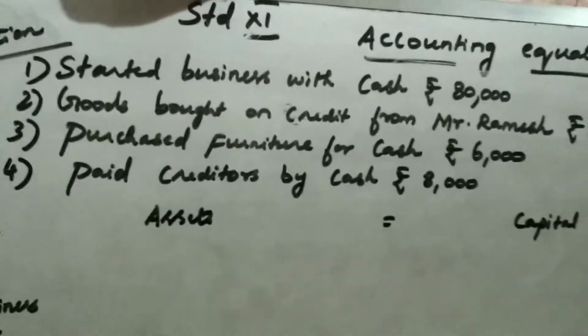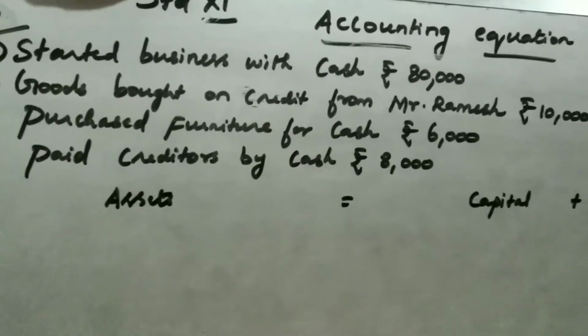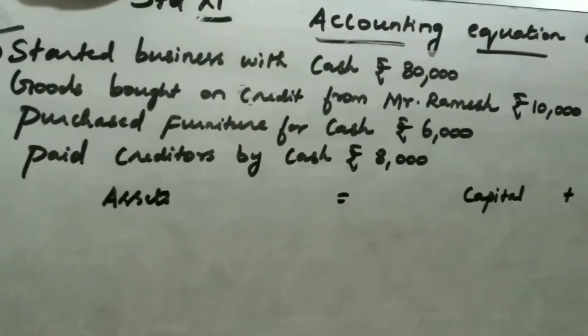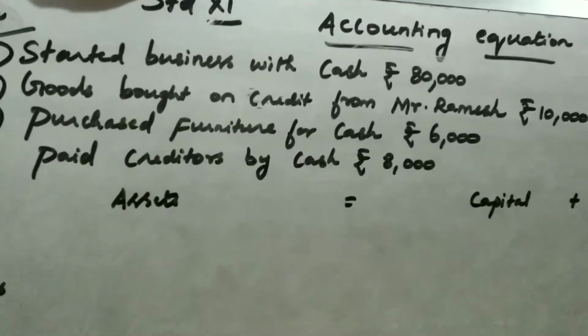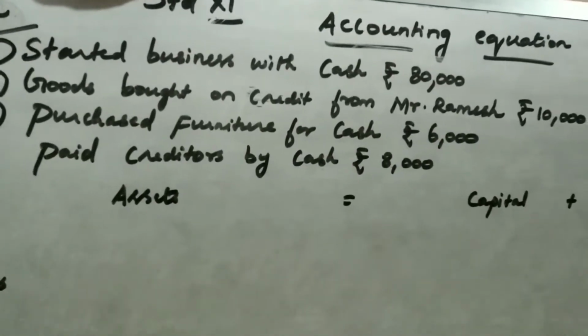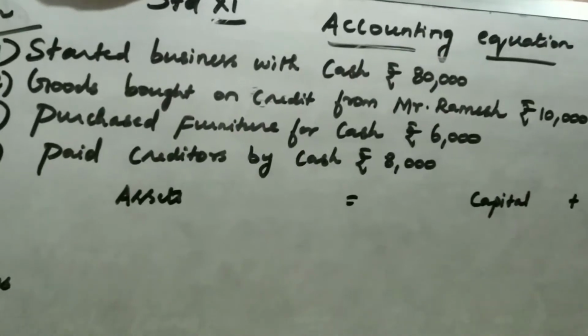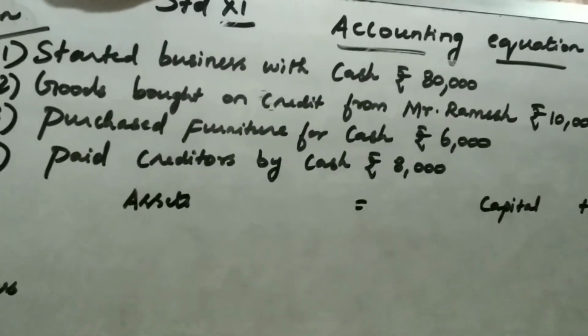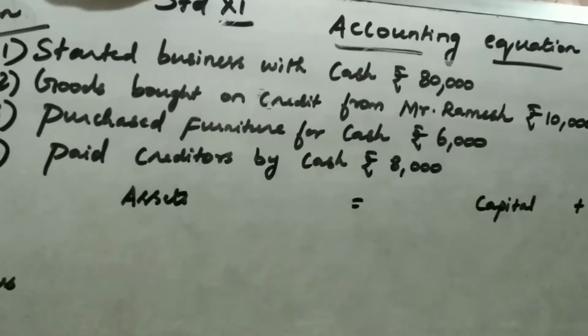Second transaction, goods bought on credit from Mr. Ramesh, 10,000. So, we are purchasing goods. There will be an increase in the goods, which means the stock. And Mr. Ramesh is our supplier.